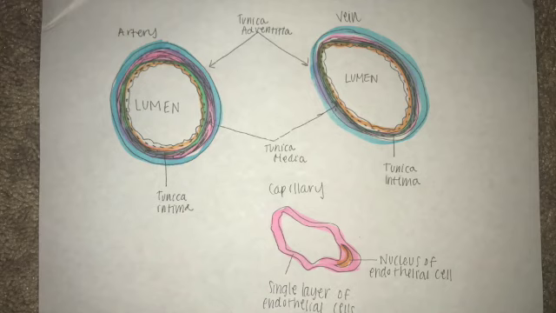So what we can take away from this, the differences: the arteries carry blood away from the heart, A for away, and they usually carry oxygenated blood. A thick and strong wall structure helps them do this, and it contains both muscle and elastic fibers and fibrous tissue.